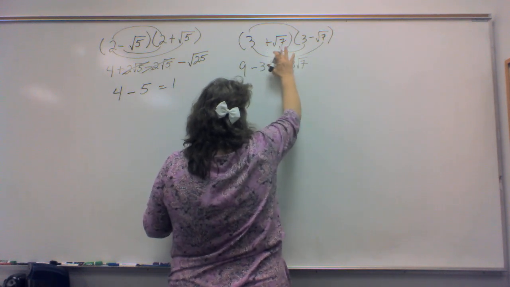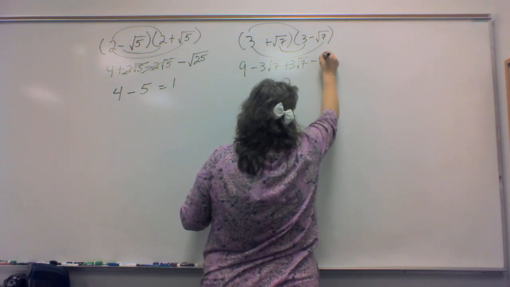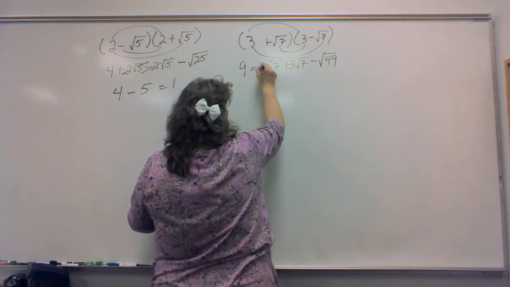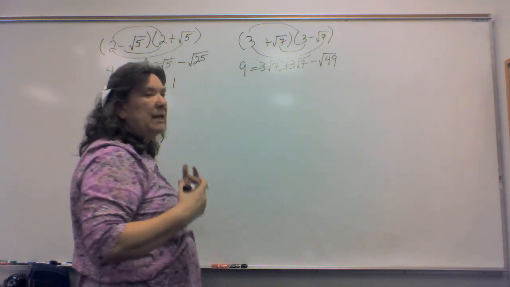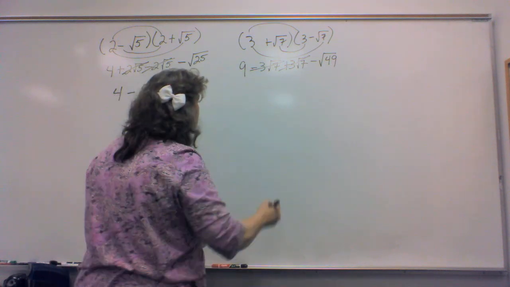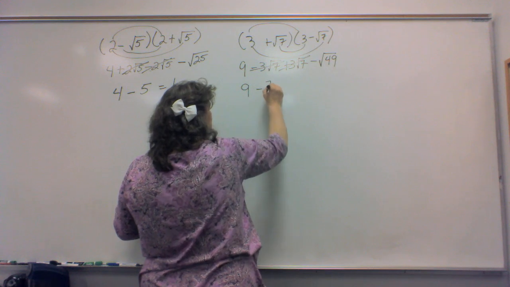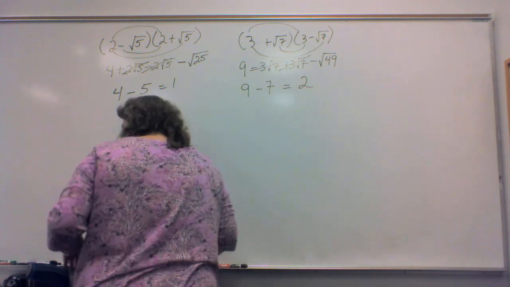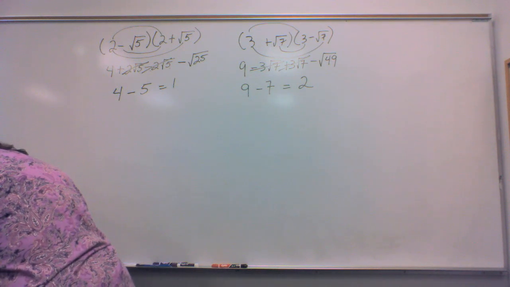And then square root of 7 times negative square root of 7 is minus the square root of 49. Notice, negative 3 square root of 7 plus 3 square root of 7 eliminates those two middle terms, and you're left with 9 minus square root of 49, which is 7. 9 minus 7 is 2. So you end up with a basic number.